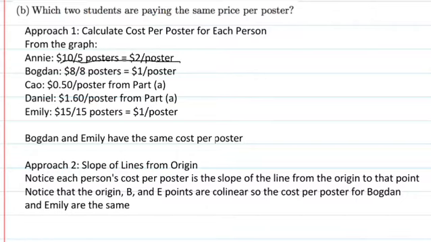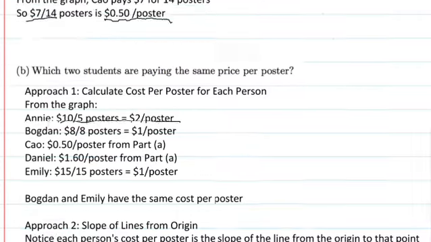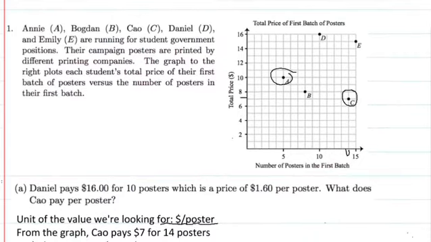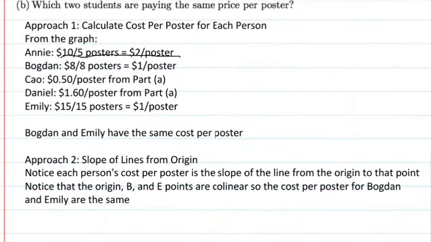Next, we'll look at Bogdan. Bogdan's coordinate is right here, which means that Bogdan pays $8 for 8 posters, which comes out to $1 per poster.